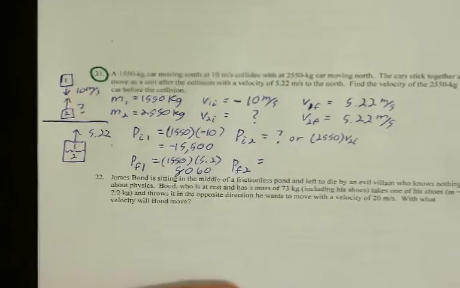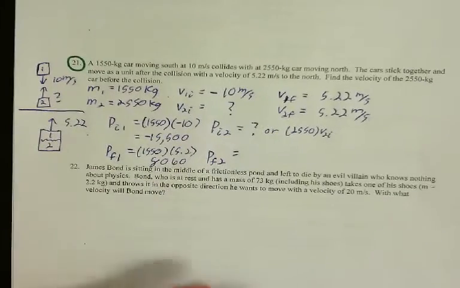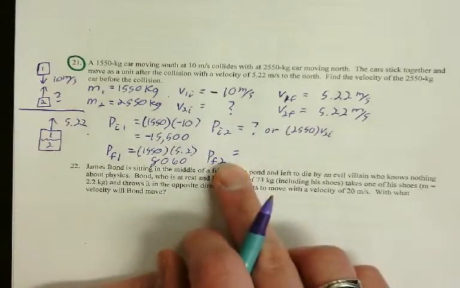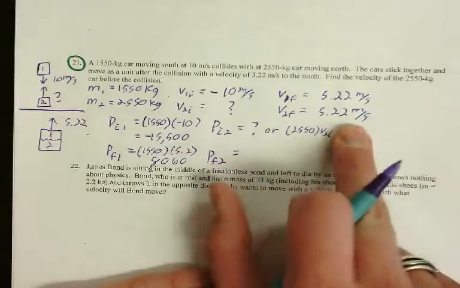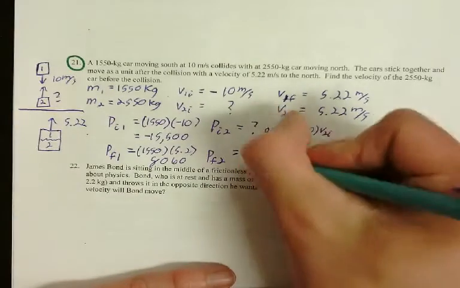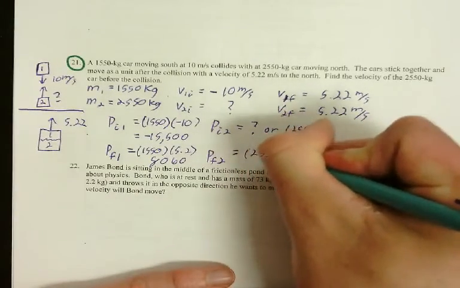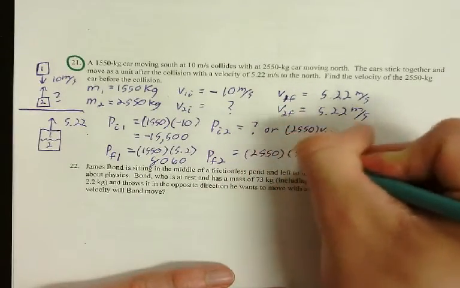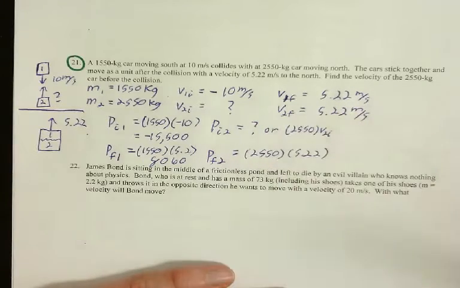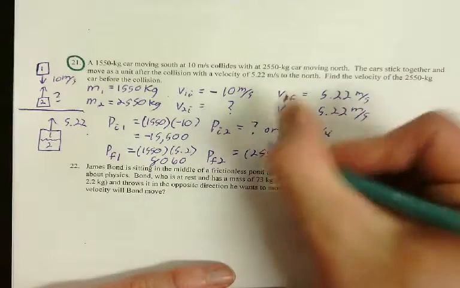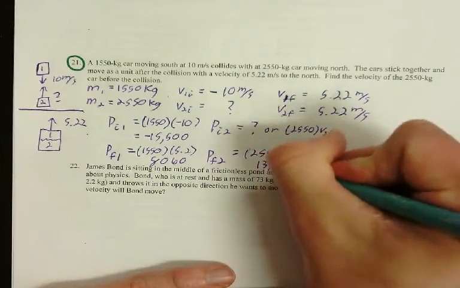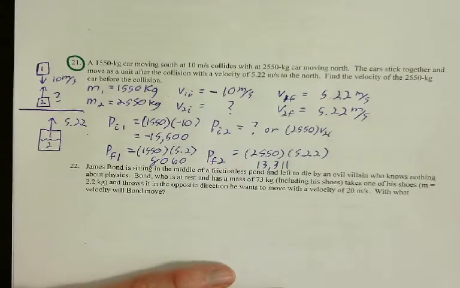I'll show you both ways kind of here briefly. The final of 2, though, is 2550 times its final velocity of 5.2. So that one is 13,311.